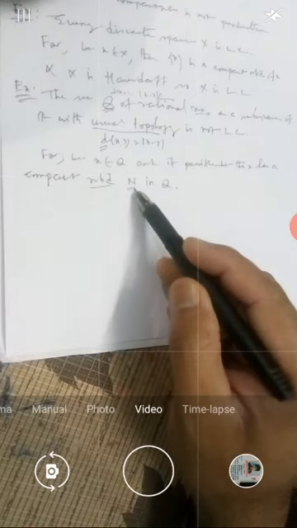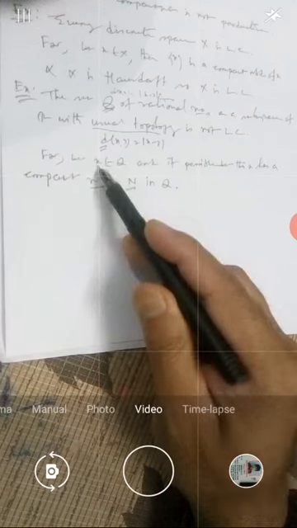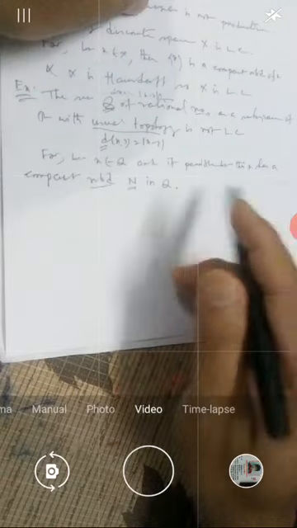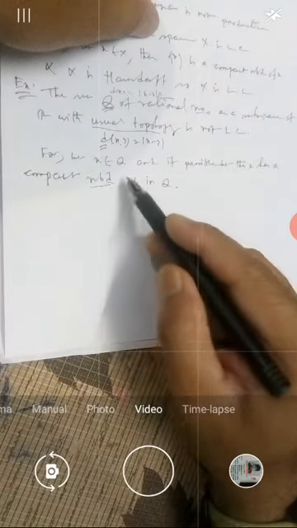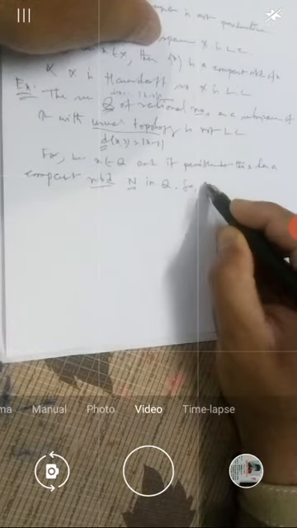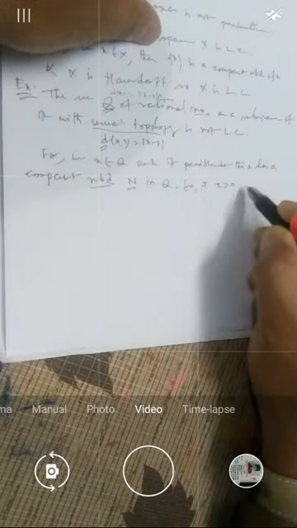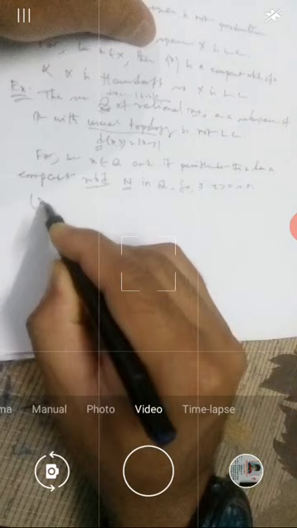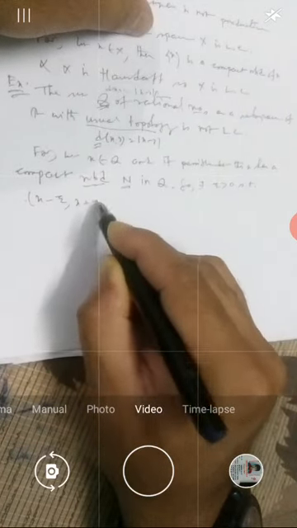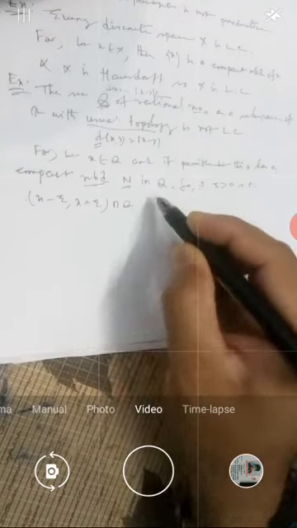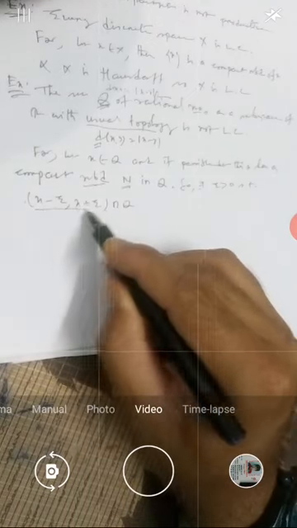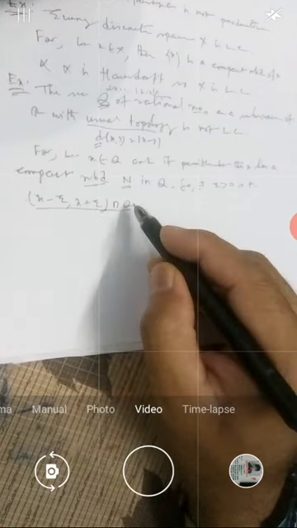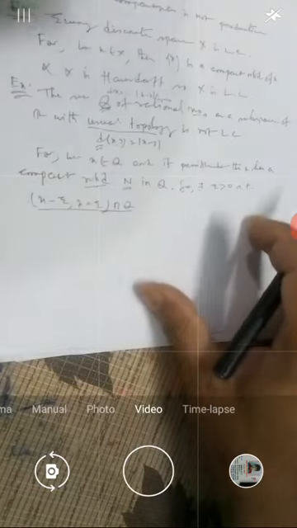Fine. So N is a neighborhood of x in Q. So there will be a basic open set in Q containing x totally contained in N. So there exists epsilon greater than 0 such that (x minus epsilon, x plus epsilon) intersection Q, where (x minus epsilon, x plus epsilon) is a basic open set in R. So this intersection Q is the basic open set in Q as a subspace of R, isn't it?